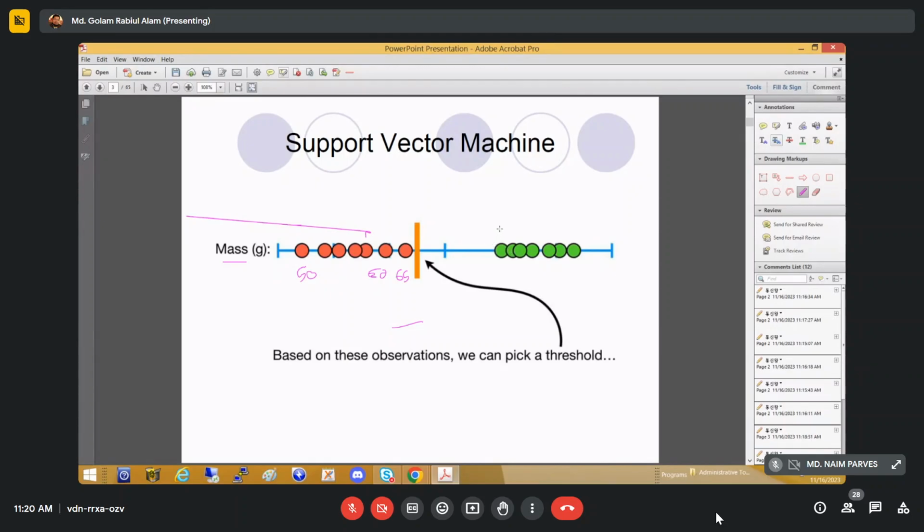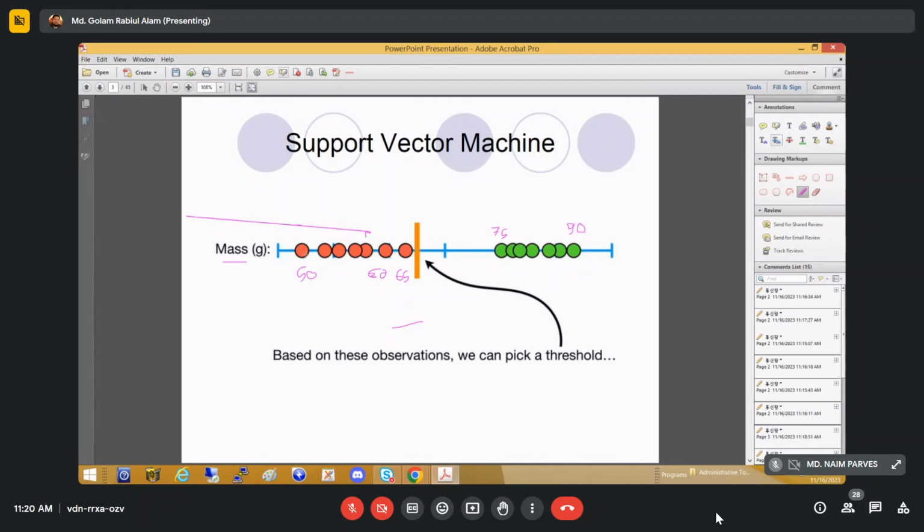Similarly, we can consider this is like 75. Then this one is like 90 kilogram.